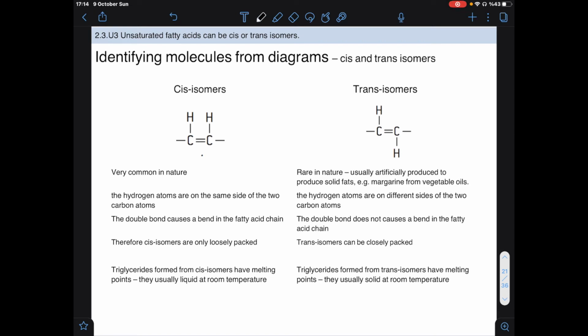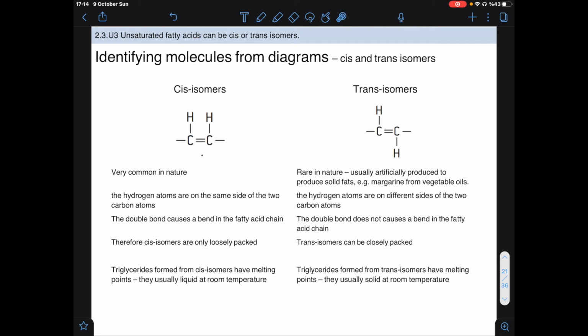Also, there are 2 types of fatty acid isomers. So these are types of unsaturated fatty acids. So they're either cis isomers or trans isomers. So first, let's take a look at the structure.